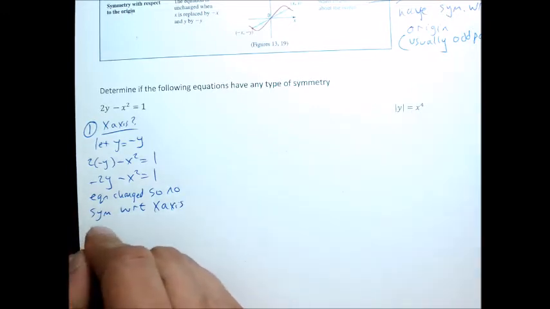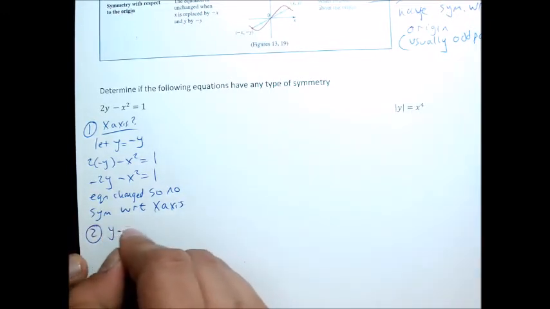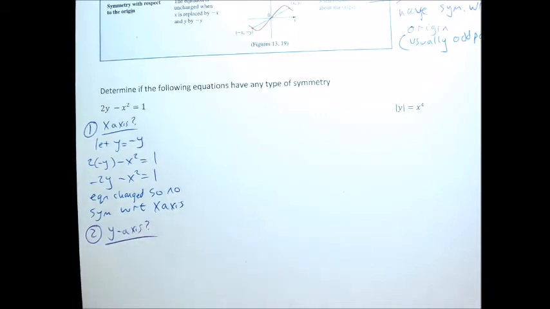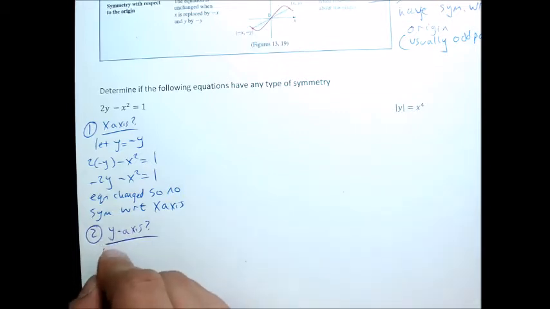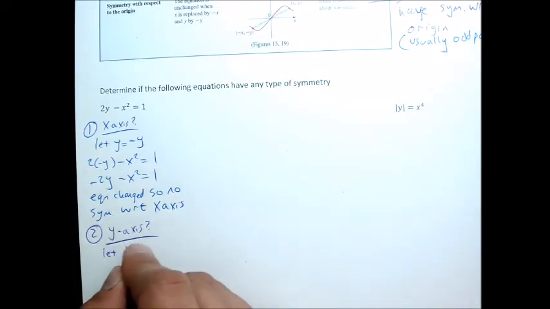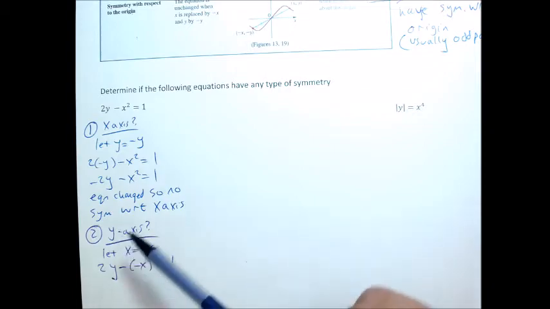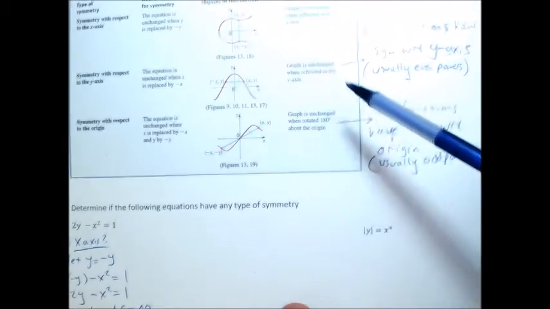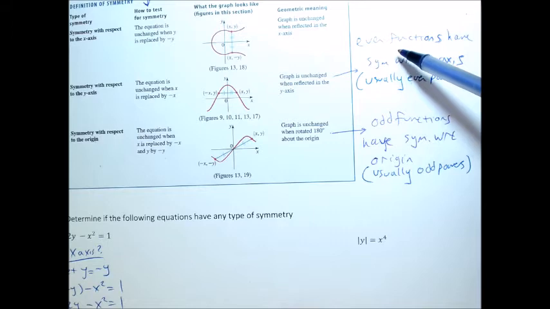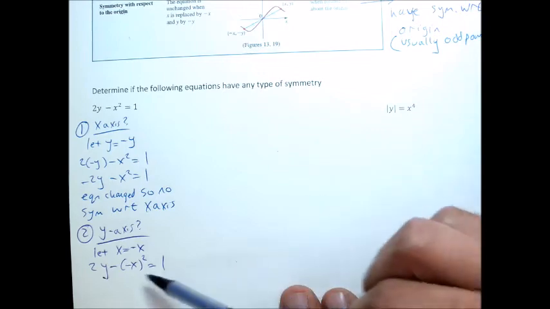If we want to test for y-axis symmetry, so y-axis question mark, the instructions up above say replace x with negative x, right? So in this equation, let's plug in a negative x. And so when we plug in a negative x, we get 2y minus negative x squared equals 1. And remember, y-axis symmetry is the same thing as even functions, right? And even functions usually have even powers, and you can see that this one does have an even power.